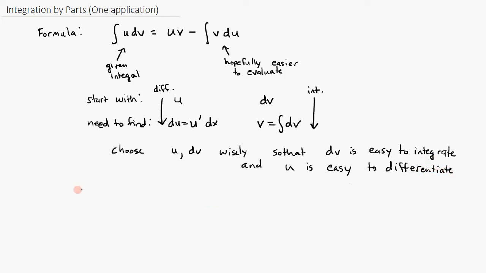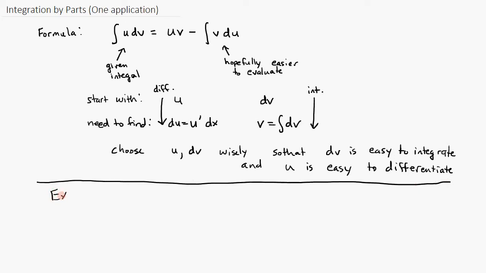Okay, so let's take a look at an example. Suppose I want to integrate the function 3x ln of 2x dx. To compute this, I need to choose u and I need to choose dv.